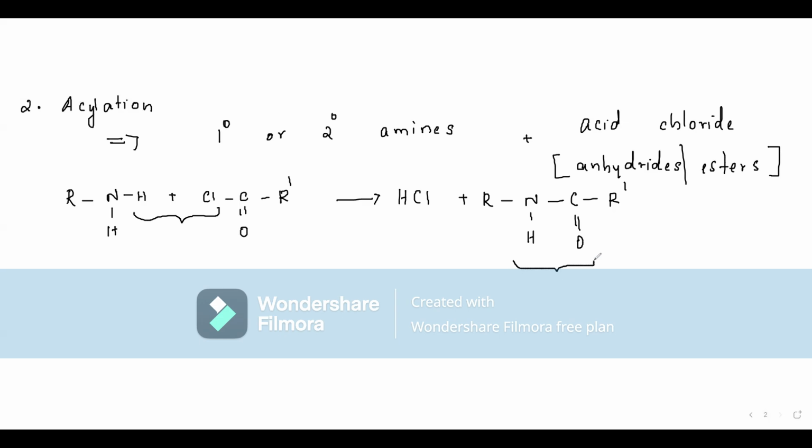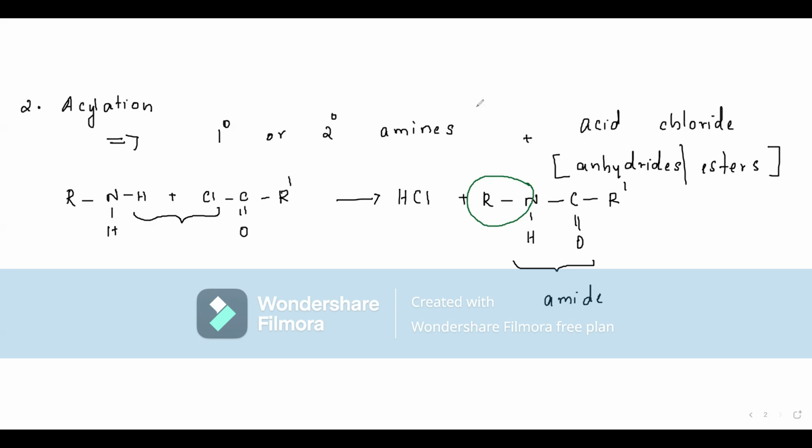So any compound in which you find a CONH group, that is an amide. All right. Now, how do we name this? Whatever group is connected to the N here, that is the substituent, or that is the alkyl group.